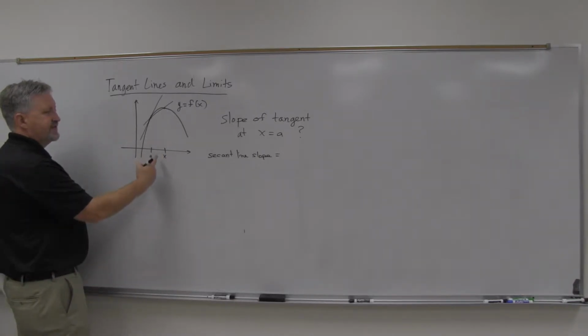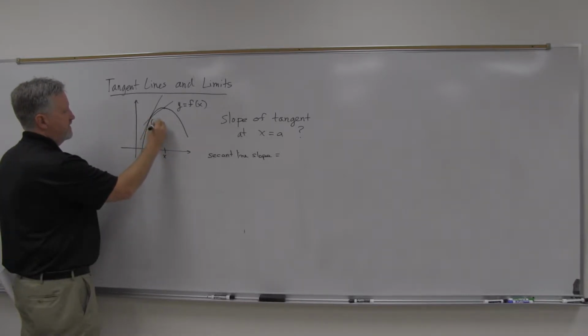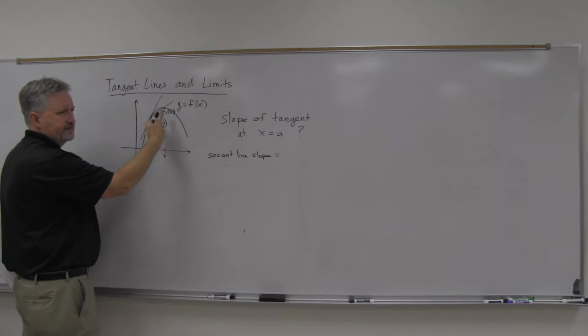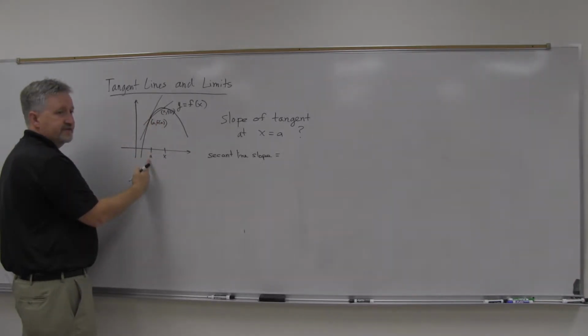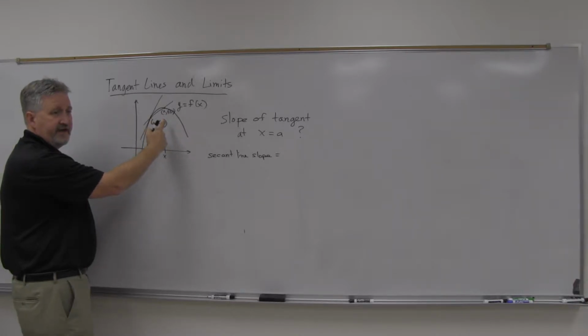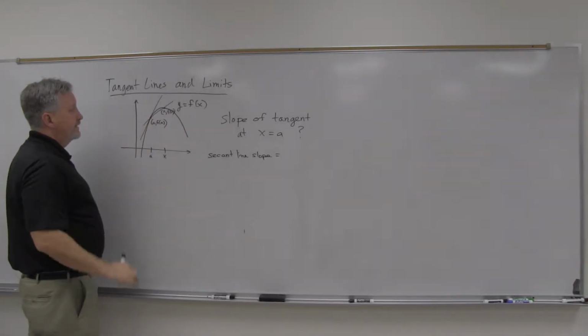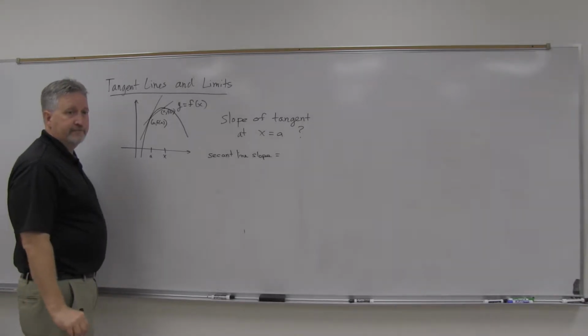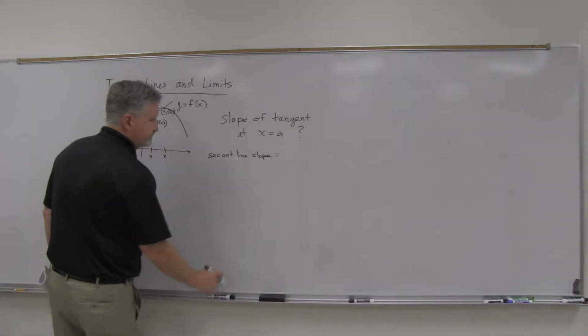And so the secant line slope is just the difference of the y's over the difference of the x's. So this point is f of a, and then this point would be x comma just f of x. You know, we pick out whatever values we want. The a is fixed, a is 1 or whatever it is. But then we vary x, we kind of draw it in closer and closer to the a, right? Remember doing this a section or two ago.